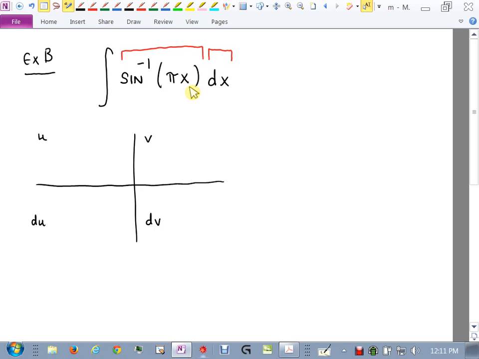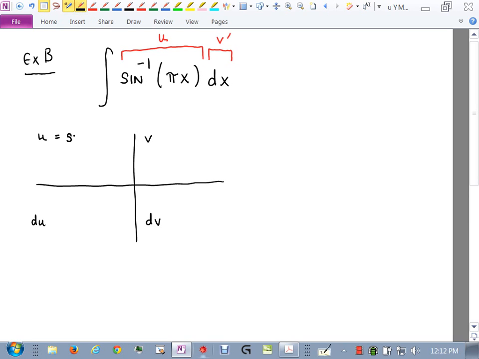If you look at it this way, this is going to force your hand, because I cannot take the derivative of dx unless I want to get the second derivative involved, which I don't. So that forces me to choose this one to be u, which means this one needs to be v prime. Let's see if that creates any issues.